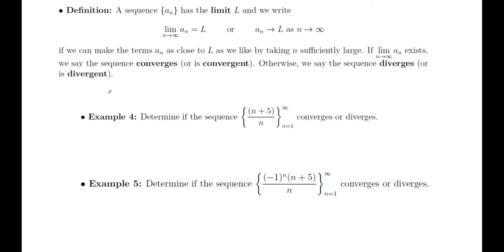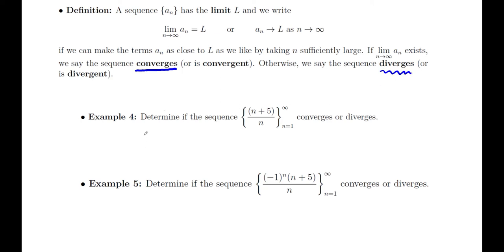In other words, in the long run, what happens to this sequence? Does it settle down to a number? If it does, we say it converges or is convergent. If it can't settle down to a number, it diverges.